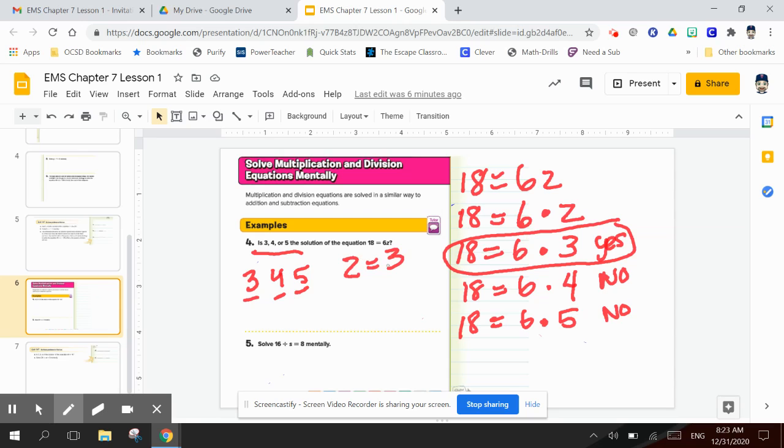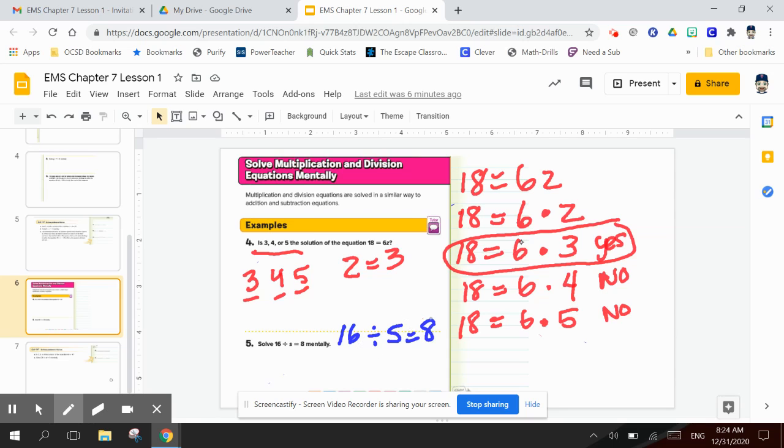Number 5, where it says solve 16 divided by some number equals 8 mentally. And this is an s, not a 5.